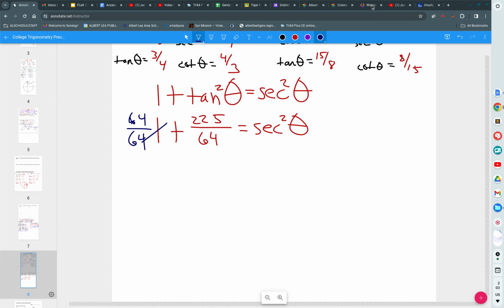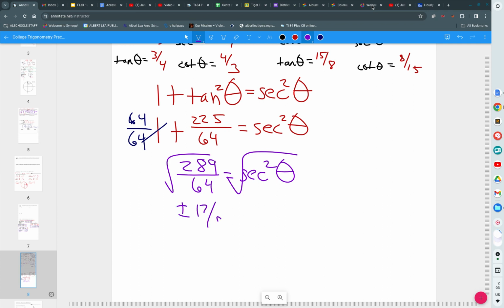So 64 over 64 plus 225 over 64, I get 289 over 64 is equal to secant squared of theta. Square root both sides. What's the square root of 289? 17. So I got plus or minus 17 over 8.